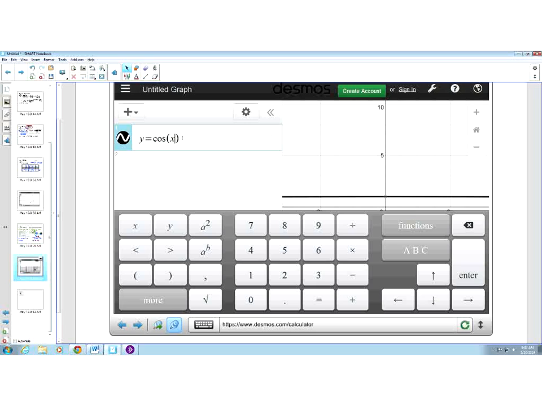Well, cosine x is not a straight line. Plus 3. Not sure why it's, let me check, hang on.